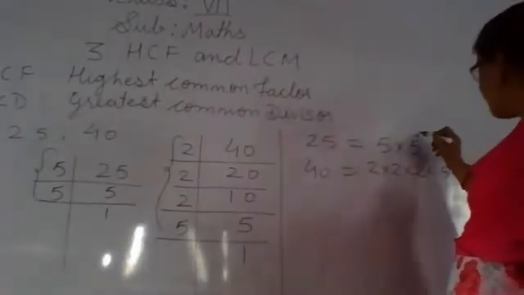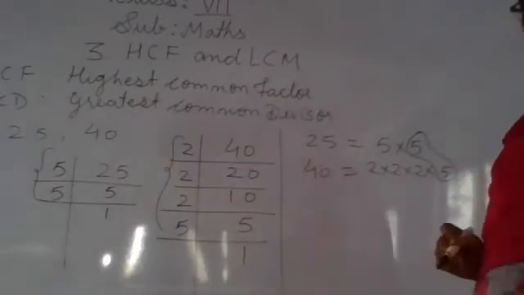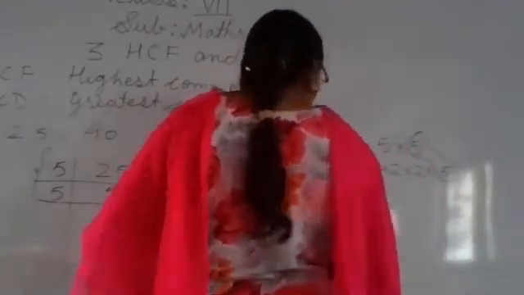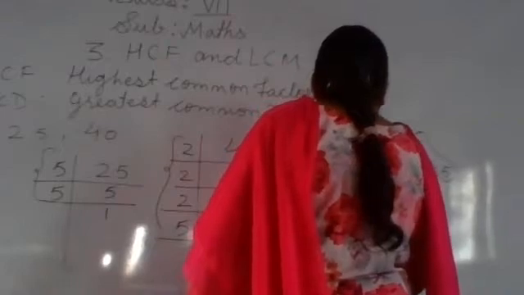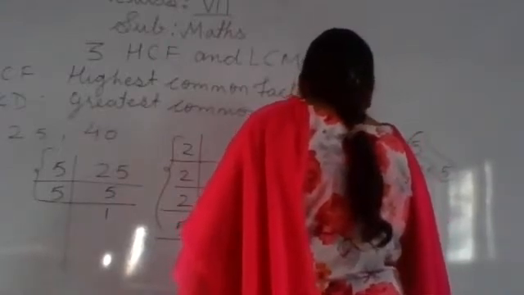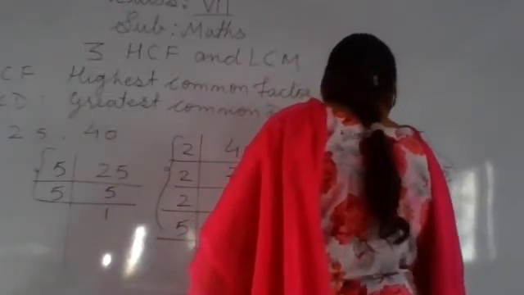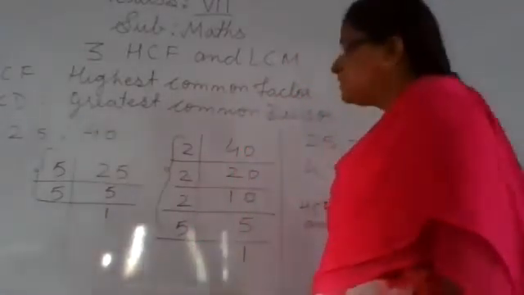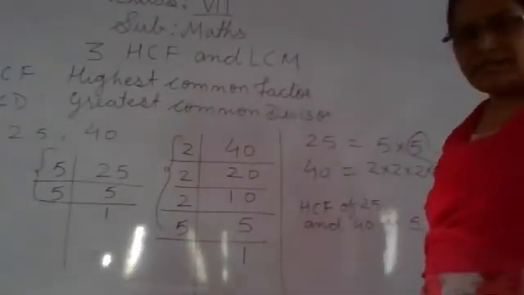Only this 5 is common. Therefore, HCF of 25 and 40, or you can say GCD of 25 and 40, is 5. So in this way, by the vertical method, you can find the HCF.